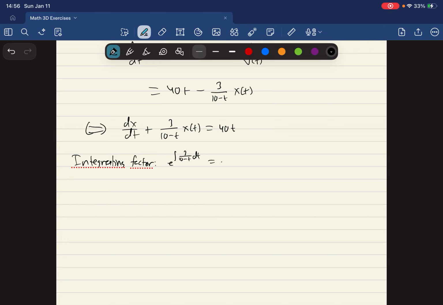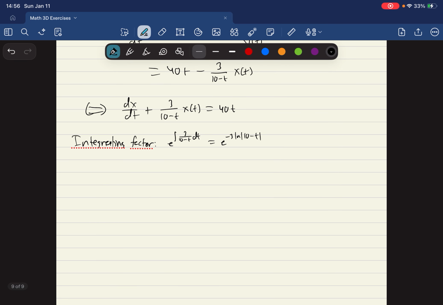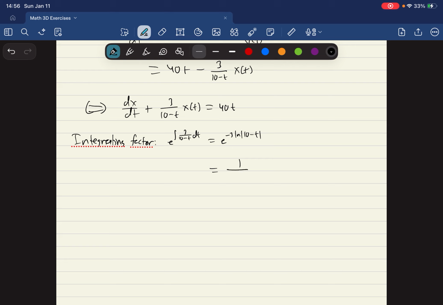Now, just doing some mental substitution, this is e to the negative ln absolute 10 minus t. And we can simplify this a bit with properties of exponentials to be 3 ln 10 minus t. And then 1 over 10 minus t cubed, because the e and the ln cancel each other out.